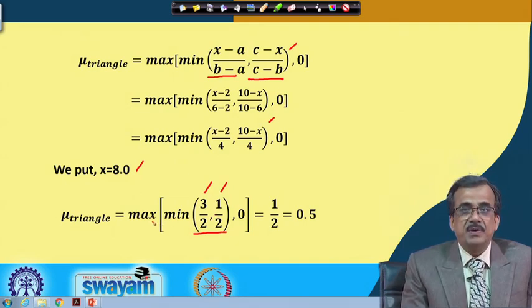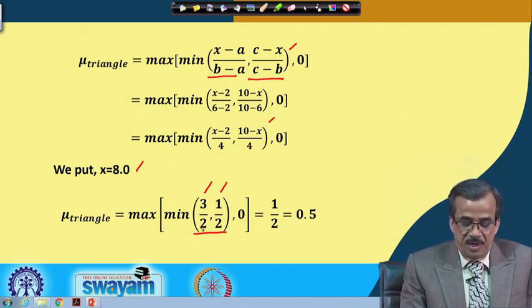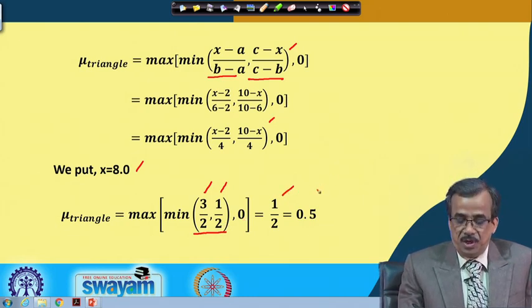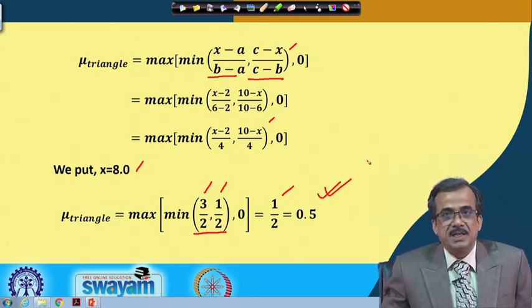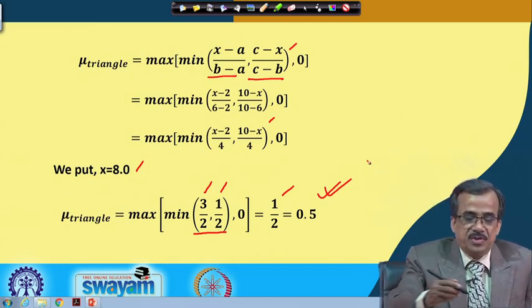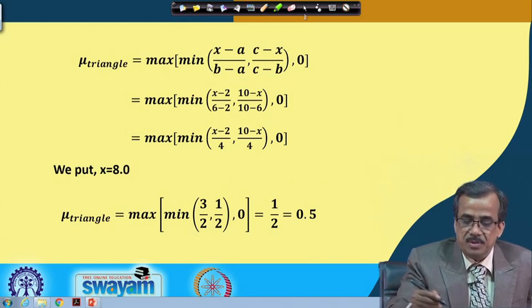Now we find the maximum between half and 0, and that is nothing but half. So, this mu triangle comes out equal to 0.5. This is the way, corresponding to a particular value of x, we can find out the value of the membership for the triangular membership function distribution.